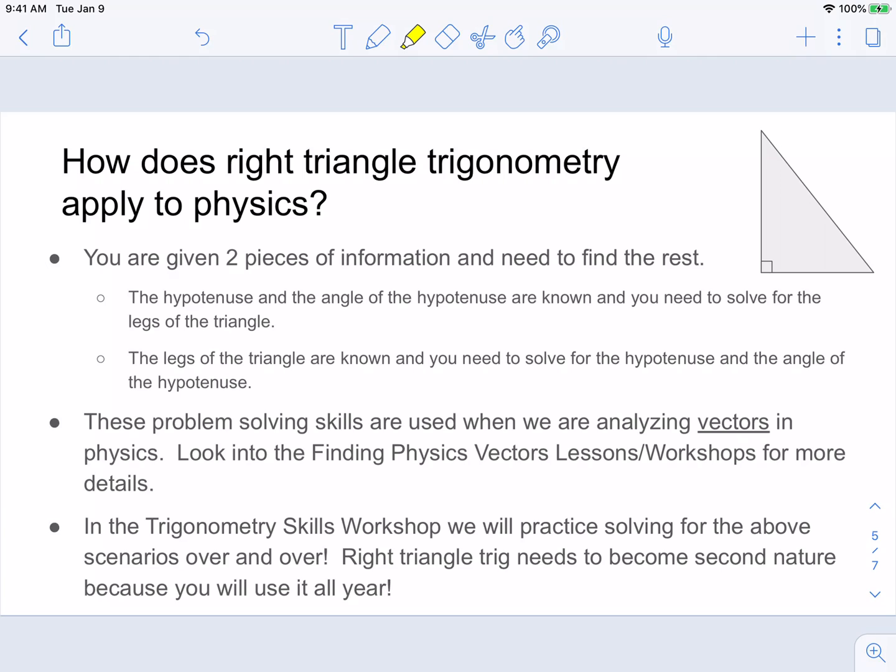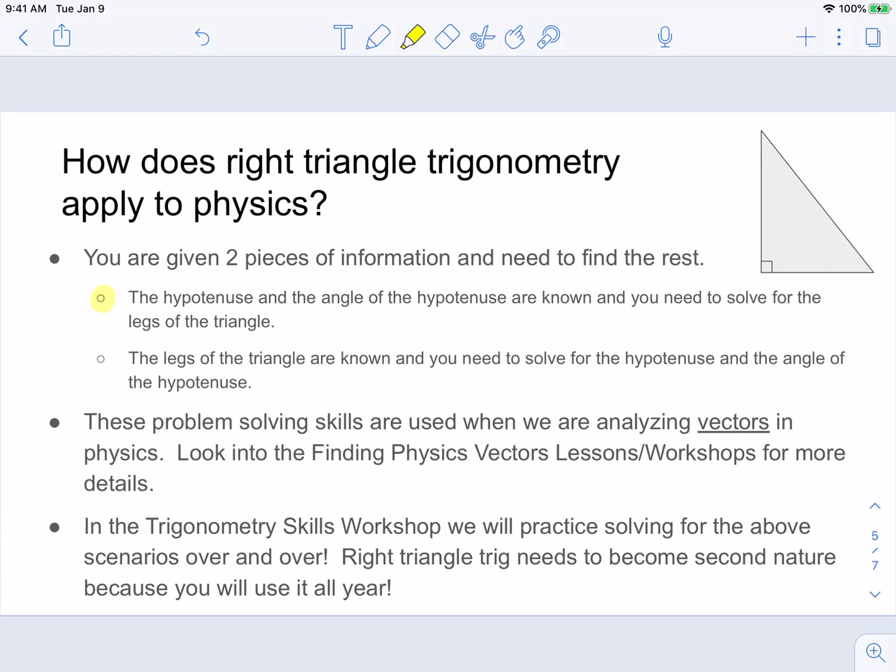So how does this play into physics? Well, a lot of times when we are dealing with triangles in physics class, you're going to have two pieces of information given to you in the problem. Maybe it's two sides, maybe it's a side and an angle, and you're going to need to figure out something that's missing. So there are two typical scenarios.